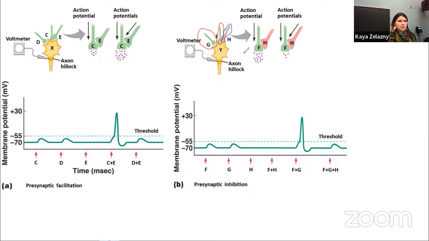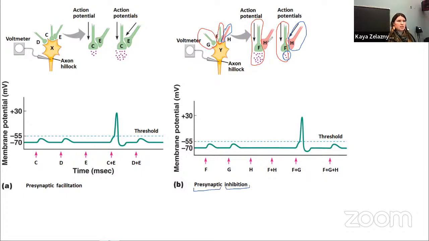So in this example, F releases a certain amount of neurotransmitter if it fires alone, right? But if it fires at the same time as neuron H, neuron H is essentially going to suppress that release of neurotransmitter, right? So we're suppressing that release of neurotransmitter from neuron F. So we have less neurotransmitter released. So this is going to be our presynaptic inhibition.